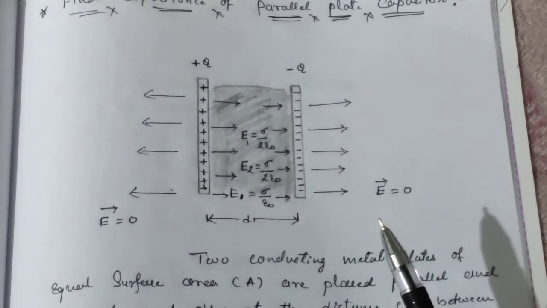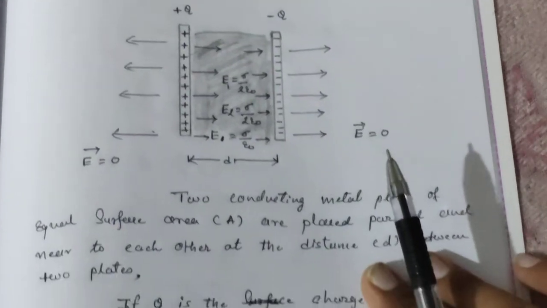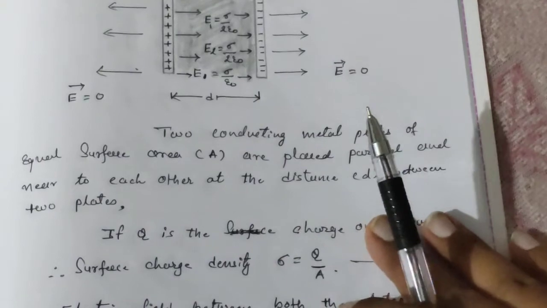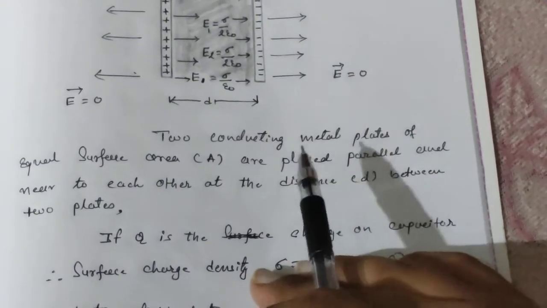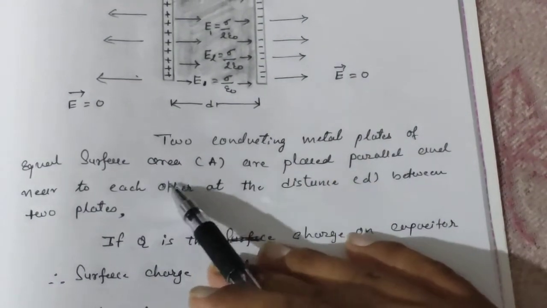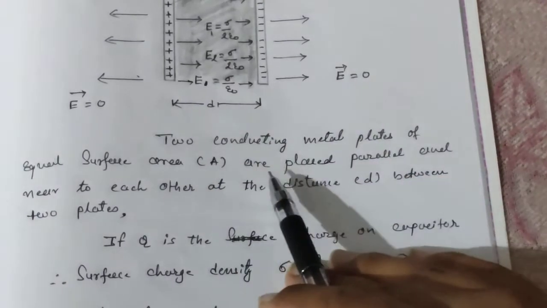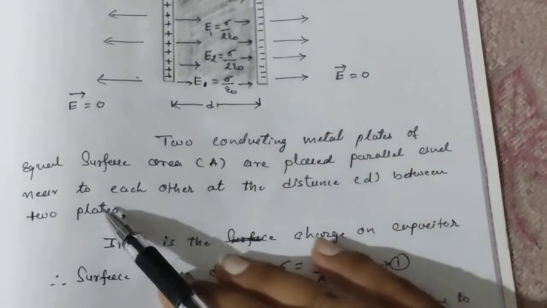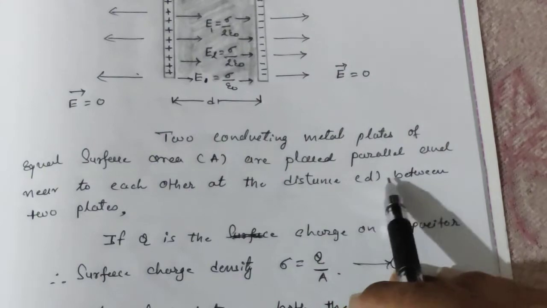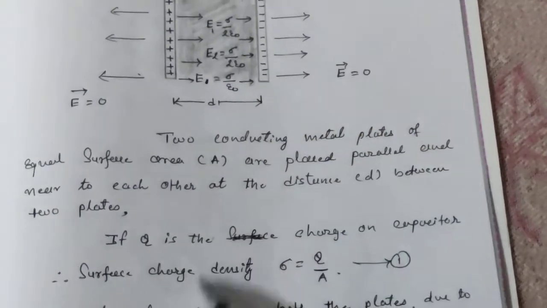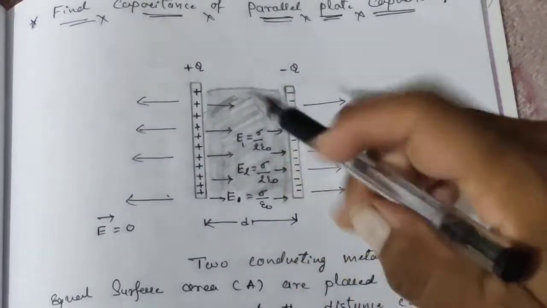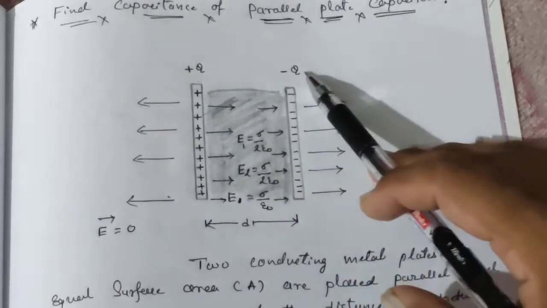At present our aim is to find the capacitance. So this is a simple theory. Two conducting metal plates of equal surface area, meaning A will be the surface area, are placed parallel and near to each other at a distance d between the two plates. As you can see over here, q amount of charge is deposited.